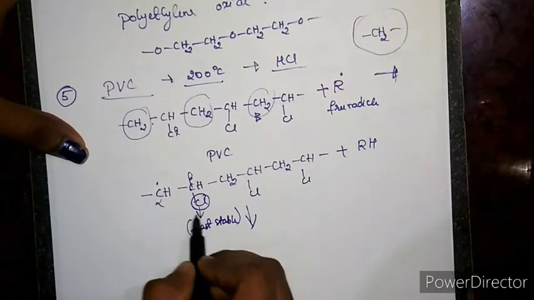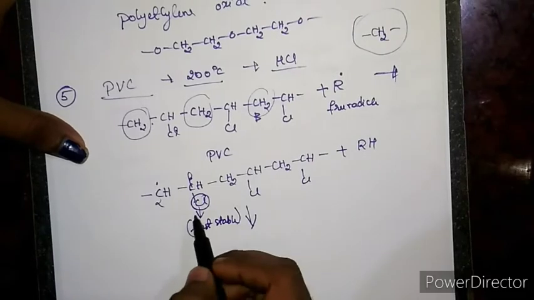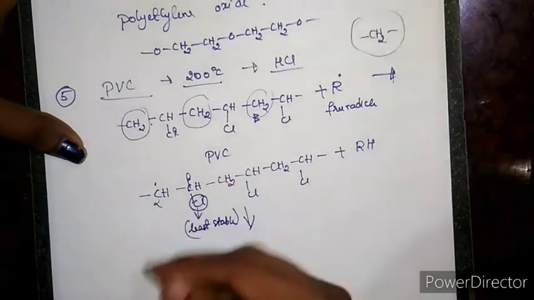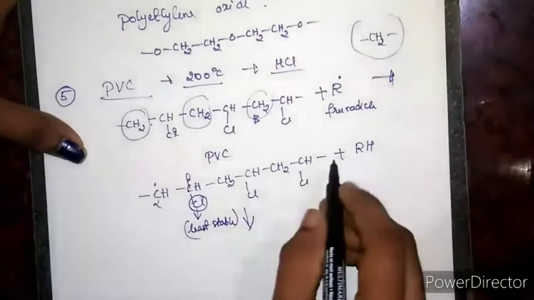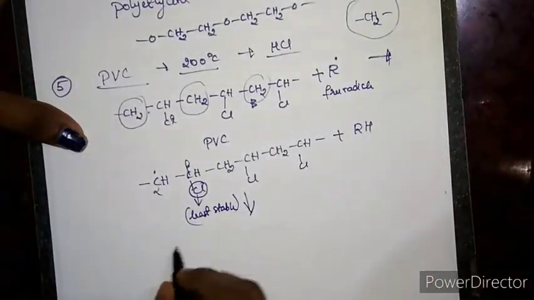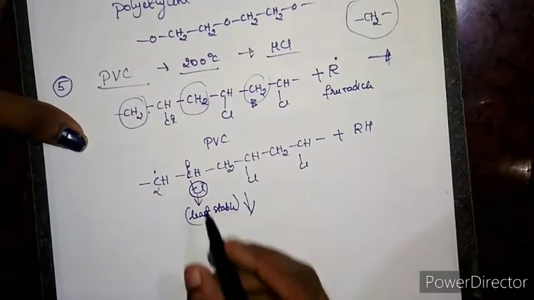The chlorine present at the beta carbon will be labile, or least stable. Understood what I meant? The beta chlorine atom will try to go away, or detach from the system. How it detaches we will see. Why it detaches? To give stability to the structure, that's it.